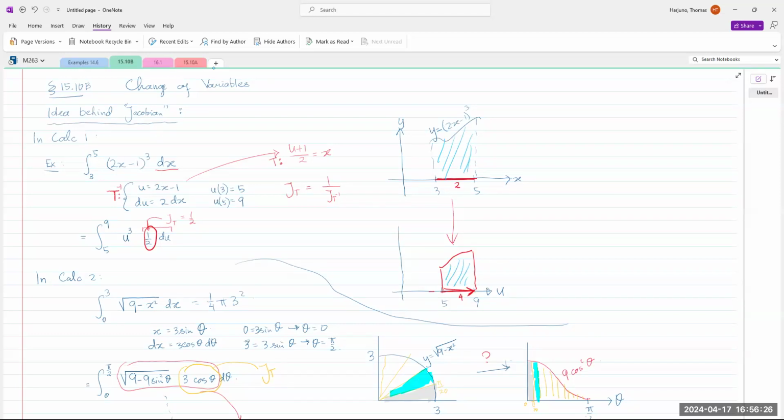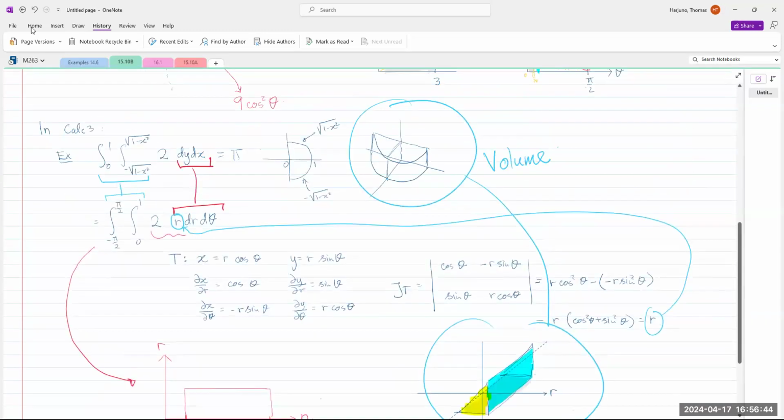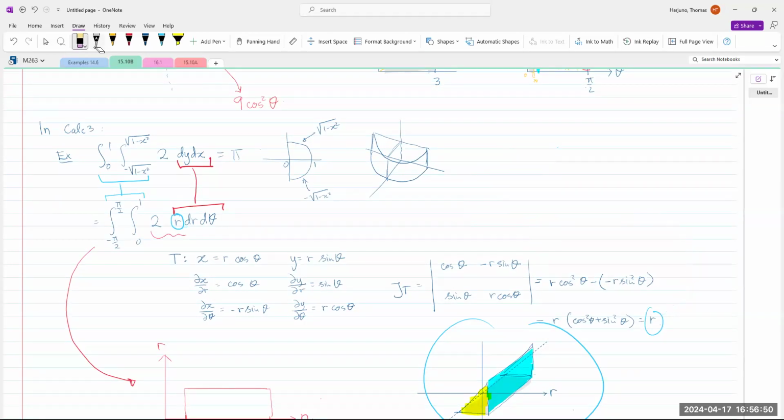So suppose I stretch my body, Thomas, I stretch my height to be double, then of course my thickness is supposed to be half. Now that's what actually happened.